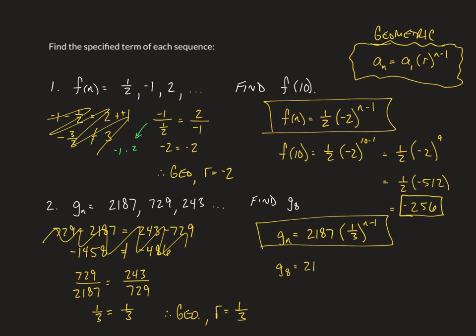So all I have to do is get a calculator, and what you guys should probably be using is Desmos to do all of this because you don't have the graphing calculators. 8 minus 1 is 7, so it's going to end up being 2,187 times 1/3 to the 7th power. So as it turns out, the 8th term in the sequence is 1.